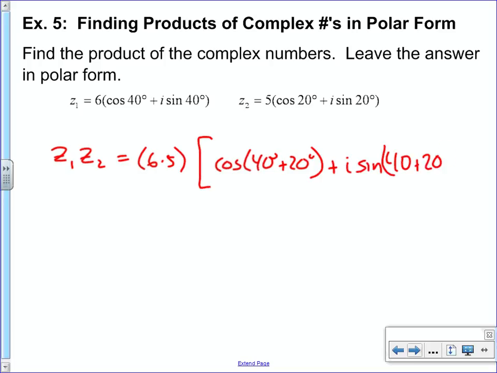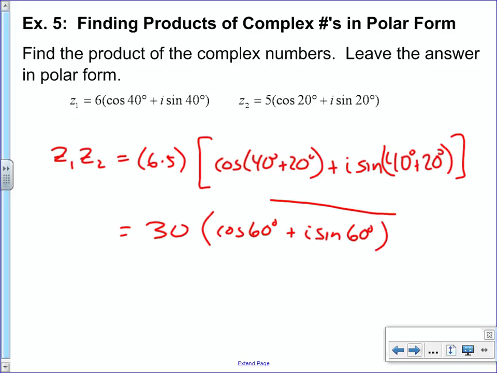So 30, and that's 60. We're leaving it in polar form. Cosine 60 plus i sine 60. And you can stop there because that's polar form.